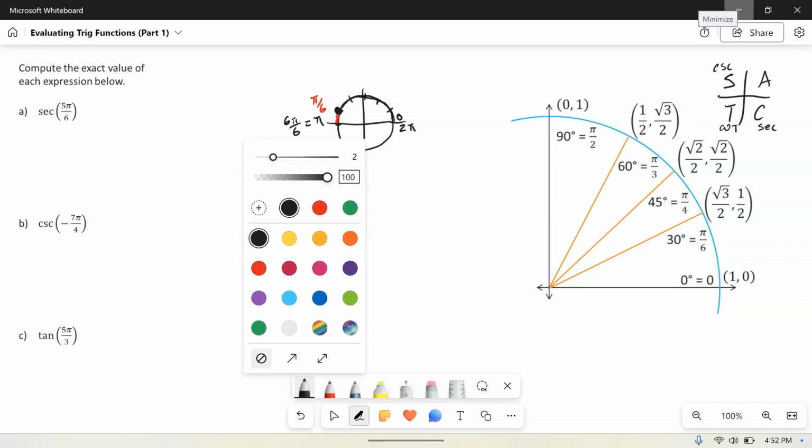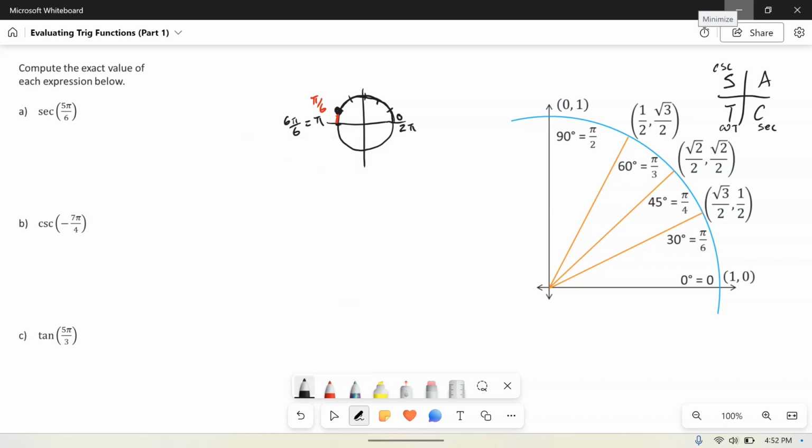We have one of our reciprocal identities that tells us that secant of theta is equal to 1 over cosine of theta. So secant and cosine are reciprocals of each other.